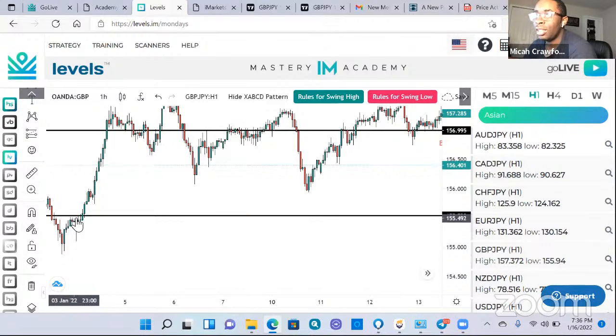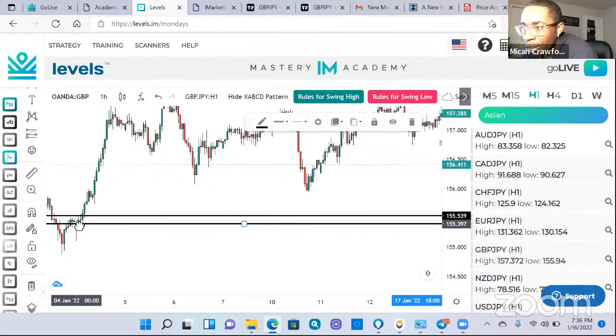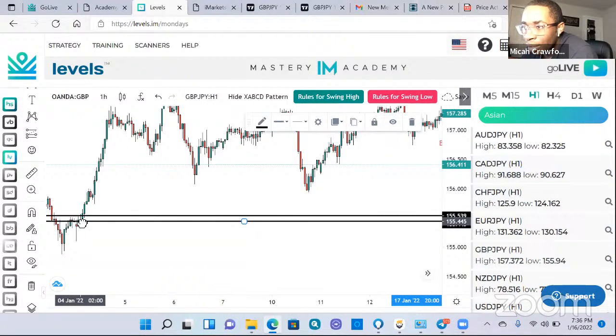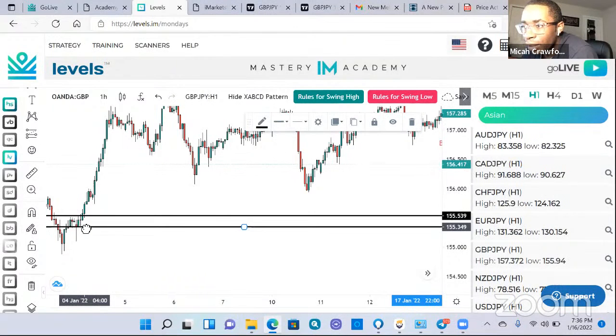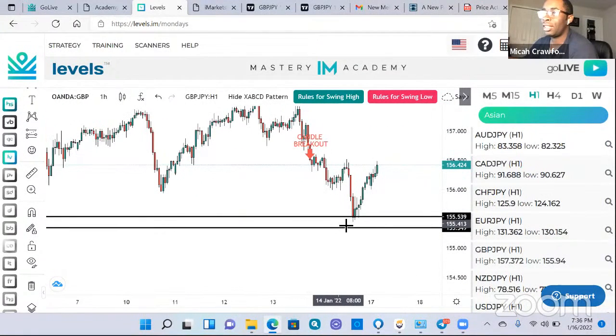See? I can take this horizontal line like this down here. Oh no, you know what? Let's put it down here. Consolidation. There's your breakout. Look at the retest.